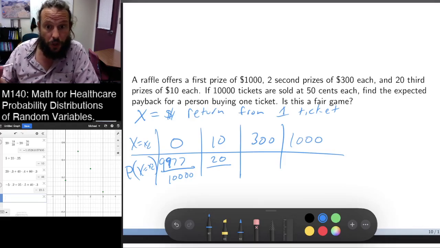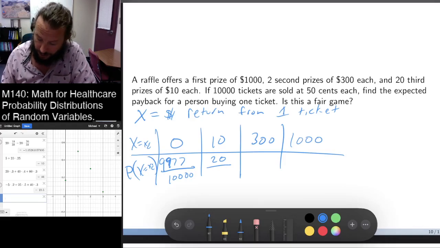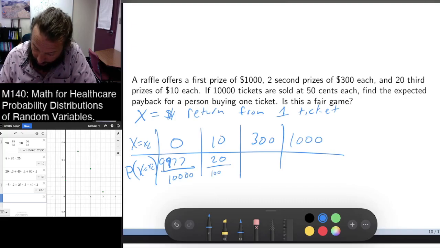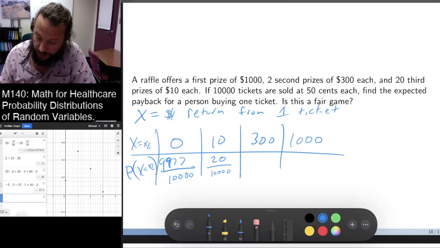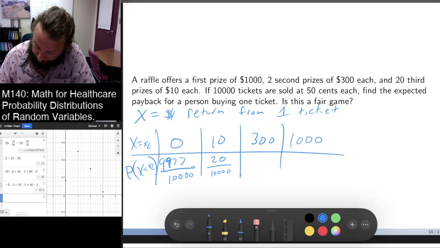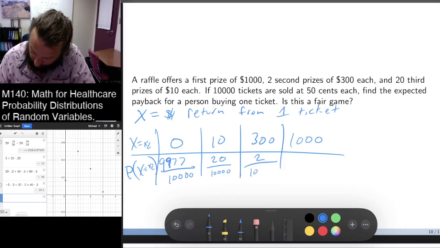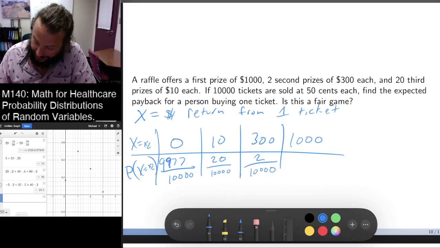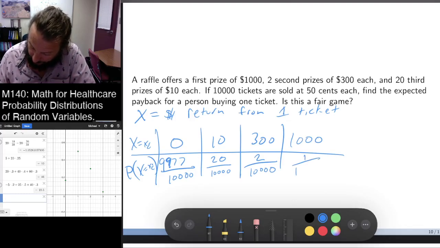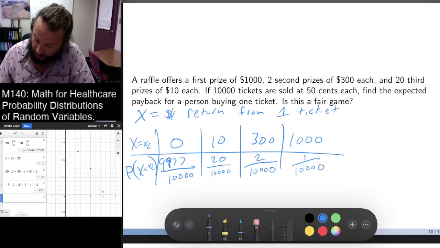There are 20 third prize tickets out of 10,000. And then there are 2 $300 prizes. And lastly, there was $1,000. That's going to be 1 out of 10,000 wins $1,000.